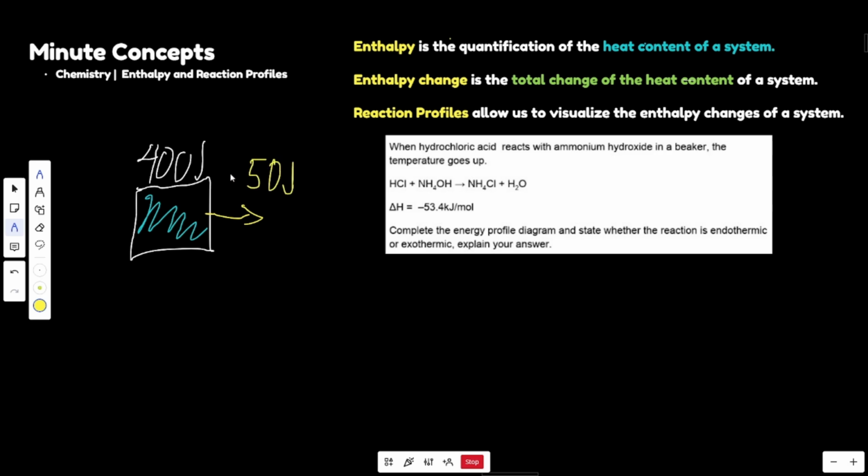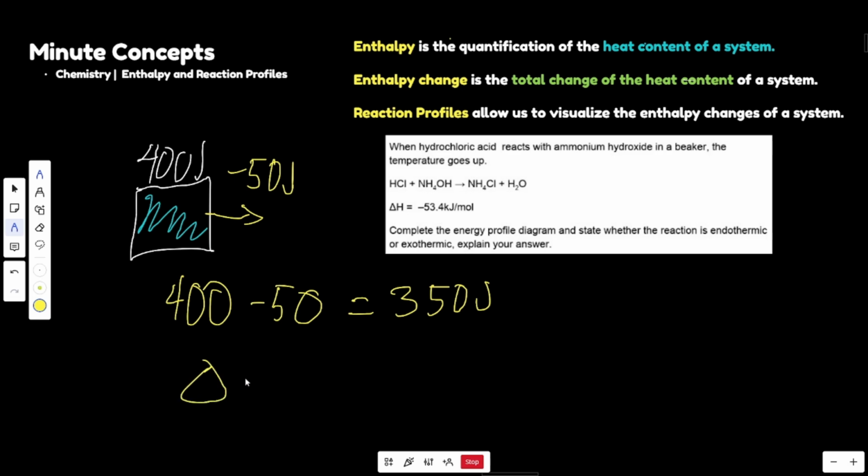Since it's releasing, it's going to have a minus sign. So now our new overall energy of the system would be 400 minus 50, and that's 350 joules. And that's it. So our enthalpy here would be negative 50 joules.